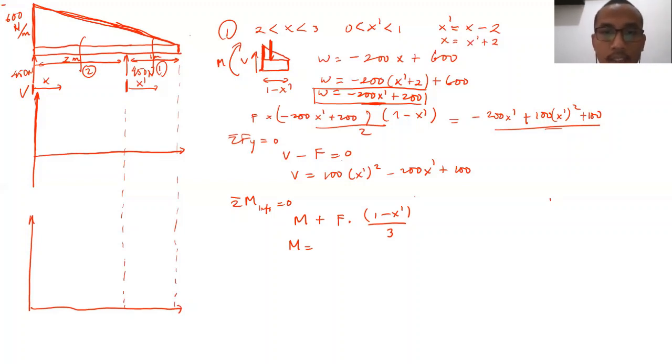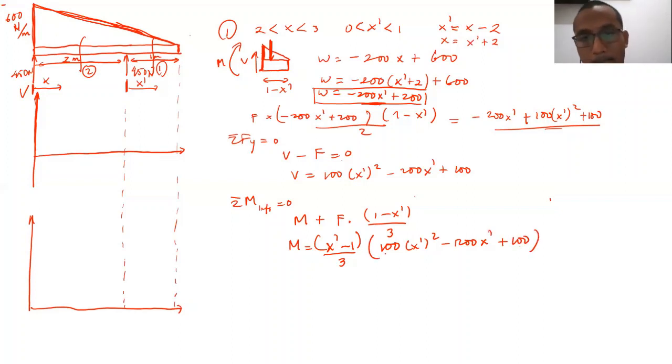In this case, what I will have is minus F, so minus x action minus 1 divided by 3, multiplied by F. In this case, my F will be 100 x action squared minus 200 x action plus 100. It will be x action to the power of 3.